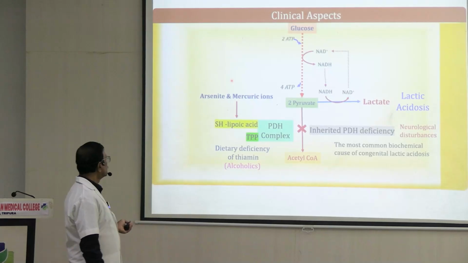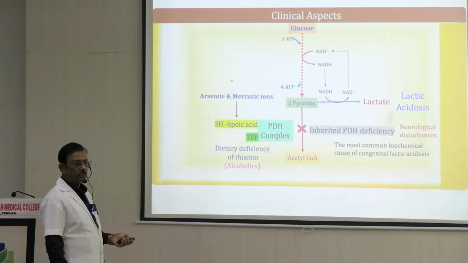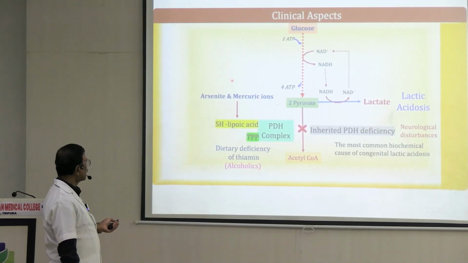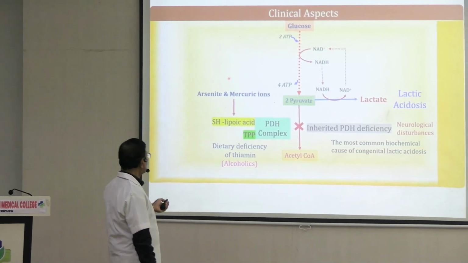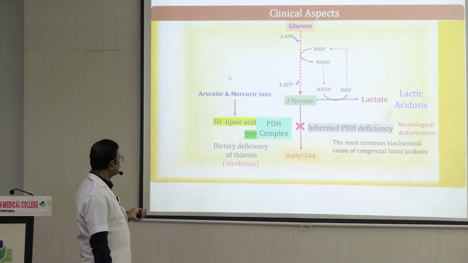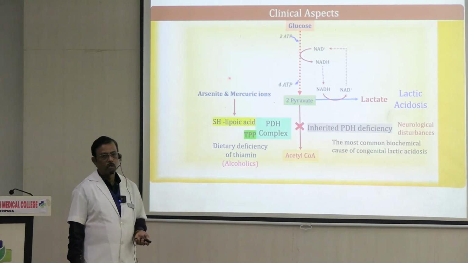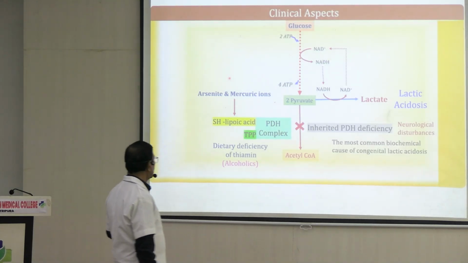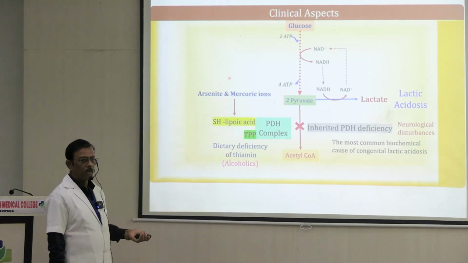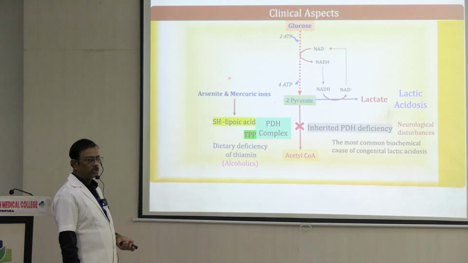Now there are chemicals which inhibit this PDH: arsenite and mercuric ion. They cause inhibition of the coenzyme, thereby not making it available for the PDH complex to work.